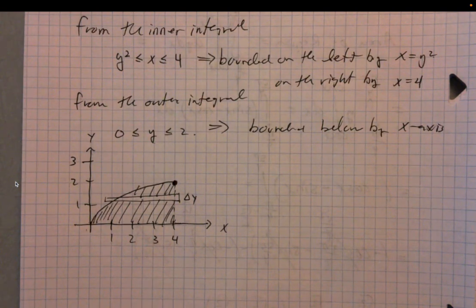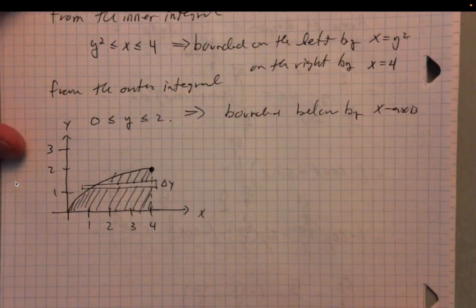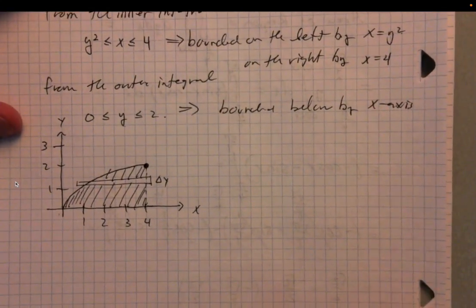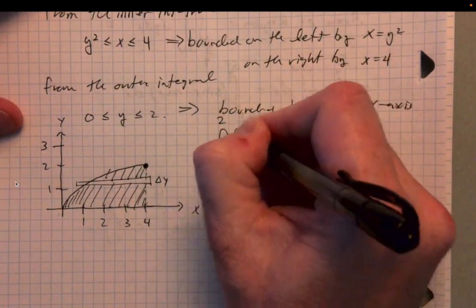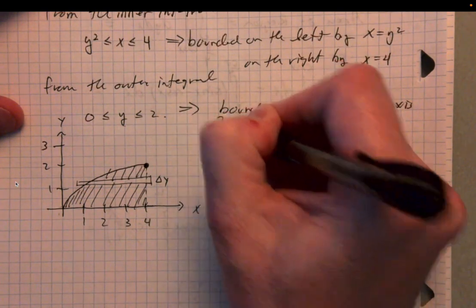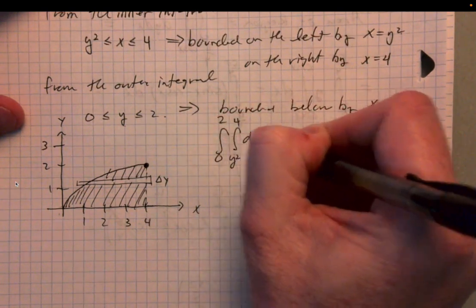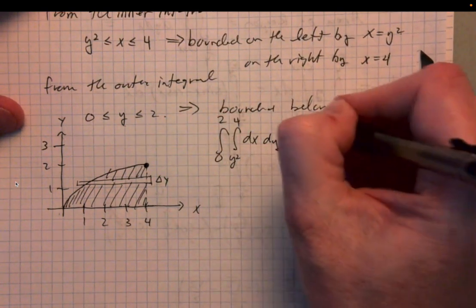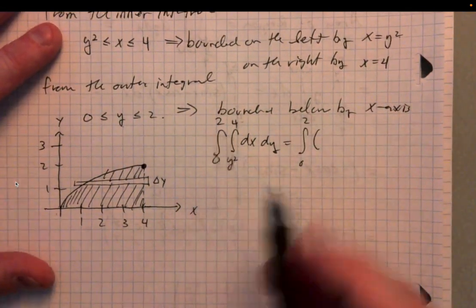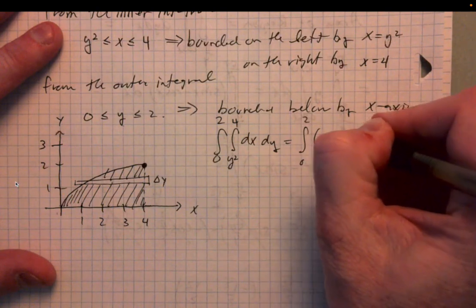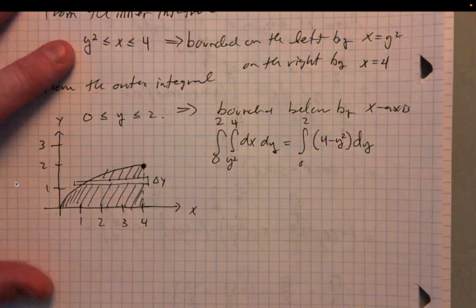Now, what is the value of this integral? Can we calculate it? This is 0 to 2, and then y squared up to 4 dx dy. That's going to be the integral from 0 to 2 of 4 minus y squared dy.